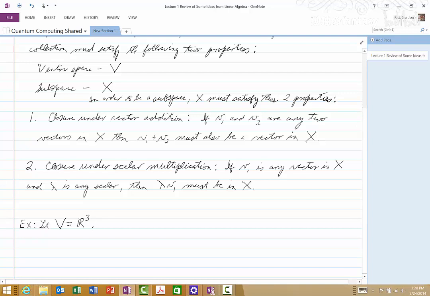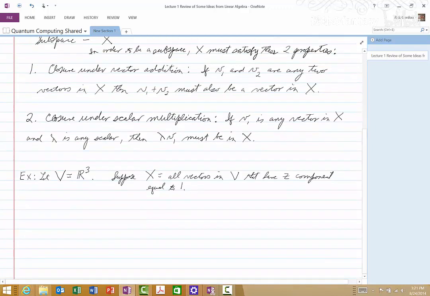Now I'm going to consider a particular X, and we will decide whether or not this is a vector space. Suppose X is equal to all vectors in V that have Z component equal to 1.